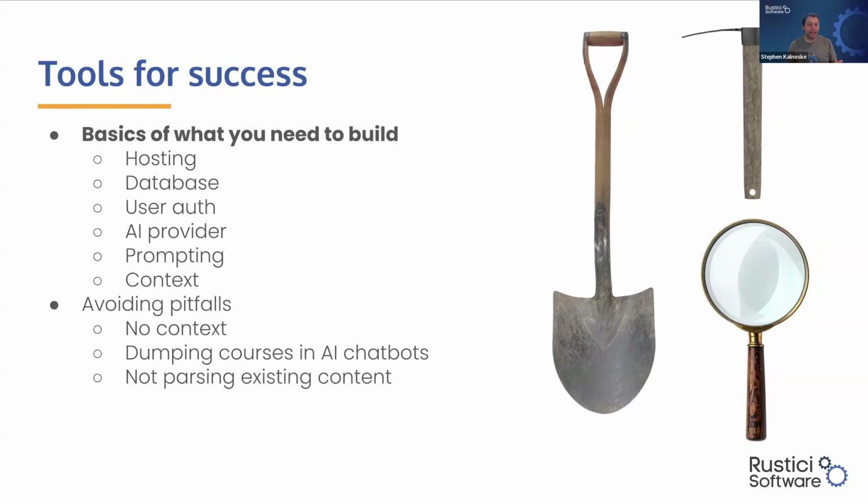And then, of course, we need context. We never want to base our answers about courseware and all that kind of stuff on the model's base knowledge. We want to always give context from our courses because we know that our courses are authoritative.